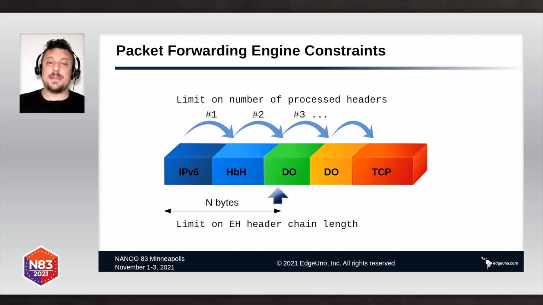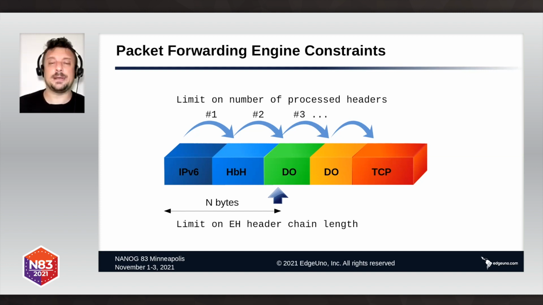As I mentioned before, we have essentially two different kinds of limits that you will see in practice. So you will see devices that enforce limits, or that have implicit limits, on the number of headers that they are able to process. So you might see devices where if you include a single extension header in a packet, the packet will be forwarded and things will work as expected.